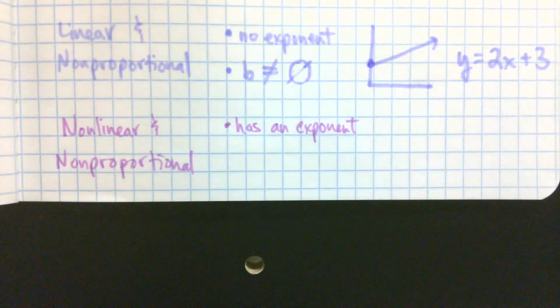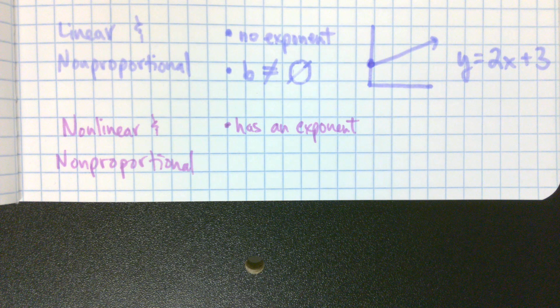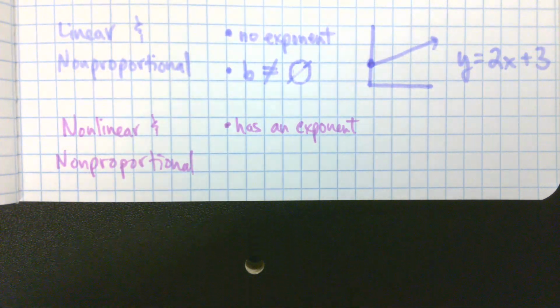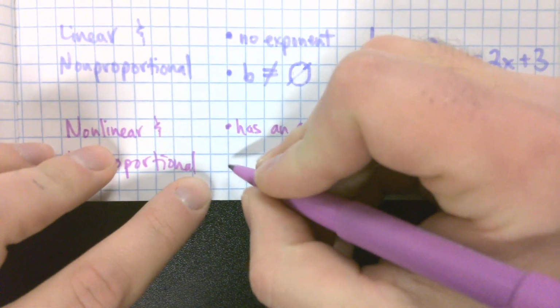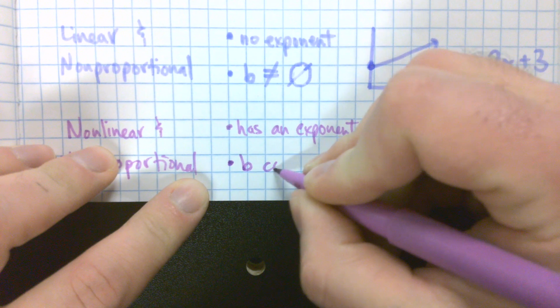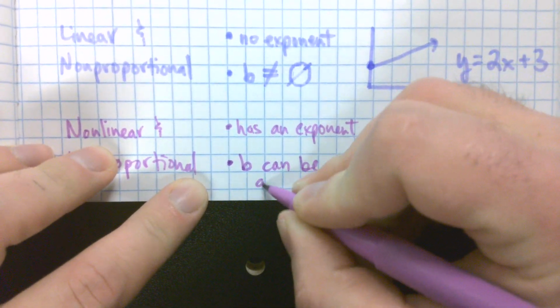Sorry, I'm going to move down. Nonlinear and non-proportional. This one has an exponent. And B can be anything.